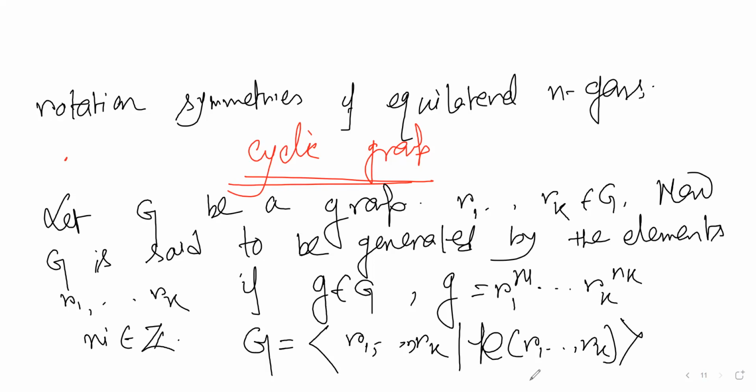Okay. Now, what is the meaning of cyclic group? Let G be a group.